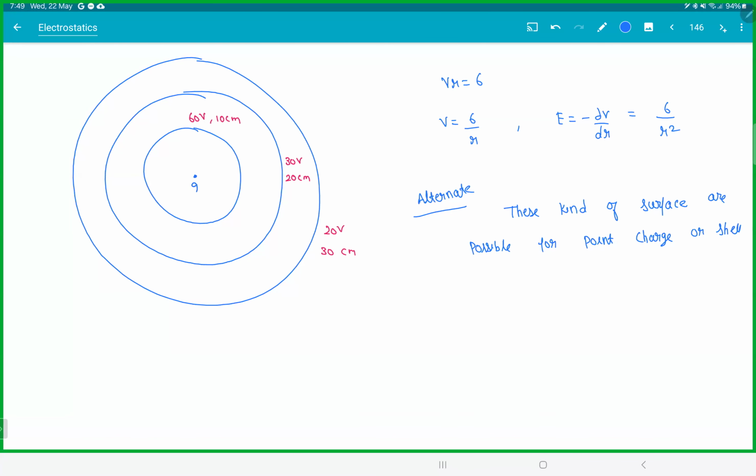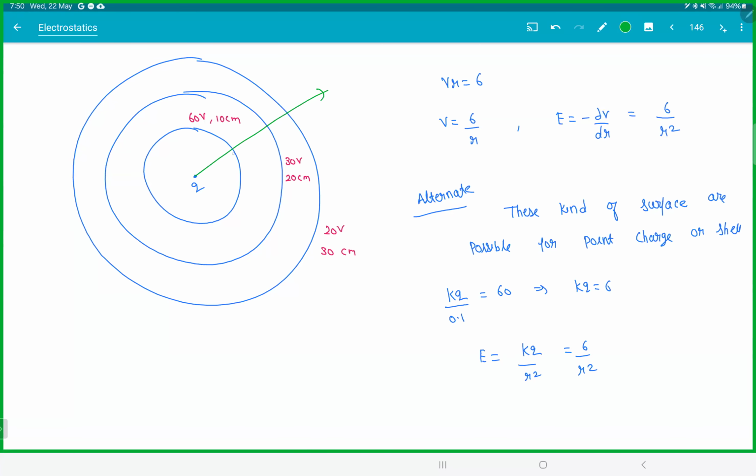So you can assume a point charge q here, and you can say kq by 0.1 is 60. So you will get kq is equal to 6. Observe, for everything you'll get the same thing. Therefore, field is equal to kq by r square, 6 by r square. Either way, you will get it.